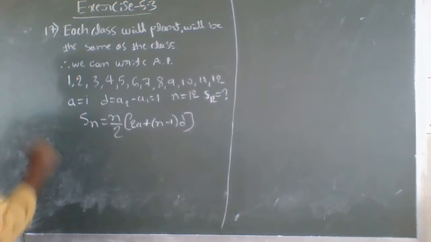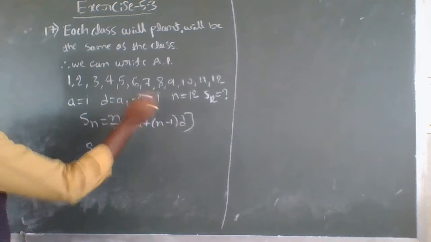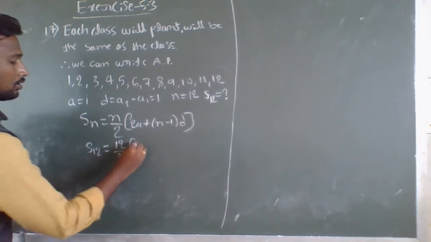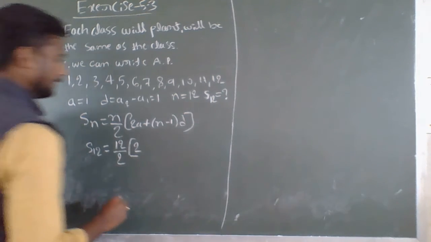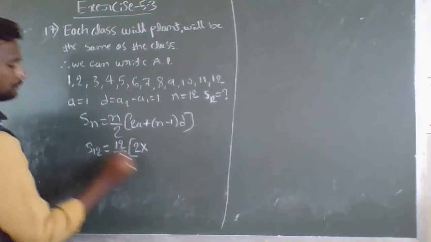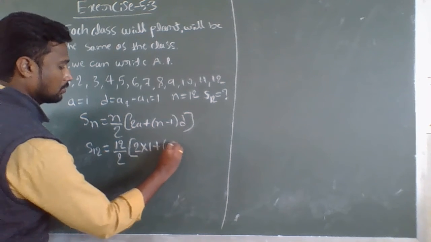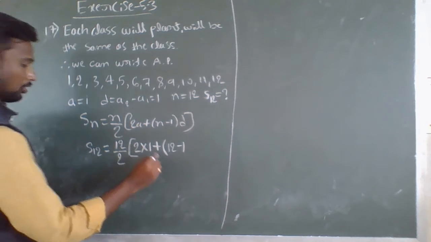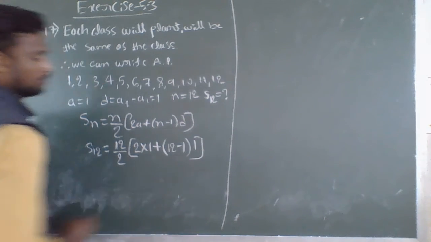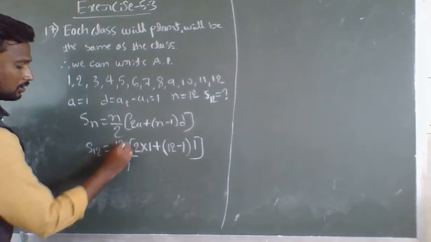And we have to calculate the S12 value. Therefore S12 is equal to n value, which is 12, by 2, into 2a. What is the a value here? 1. Plus n minus 1, n value is 12, so 12 minus 1, into d value, which is 1. So now 2 ones are 2, and 12 by 2 is 6.